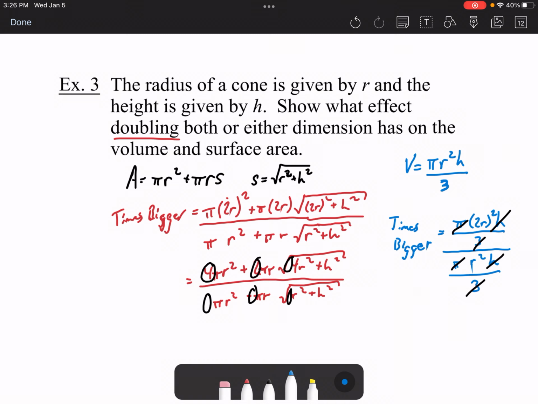So the only difference is 4r squared over r squared, which is 4 times bigger. So if you double the radius, you'll see something. Let's try it for just the height.